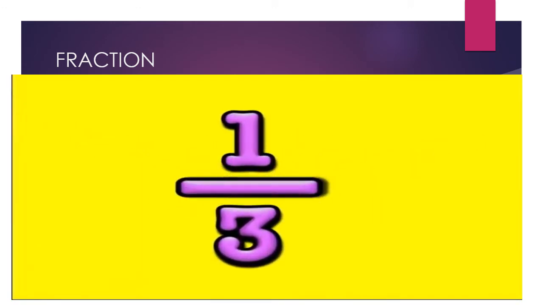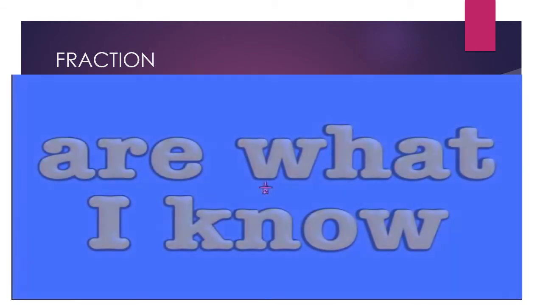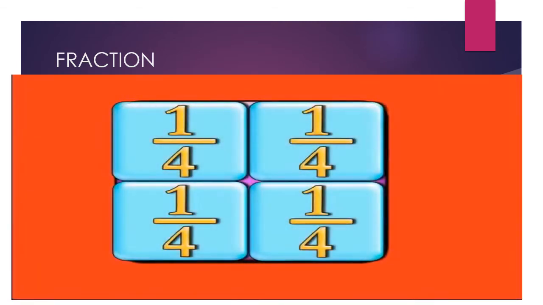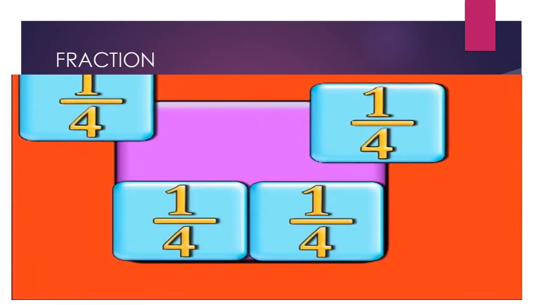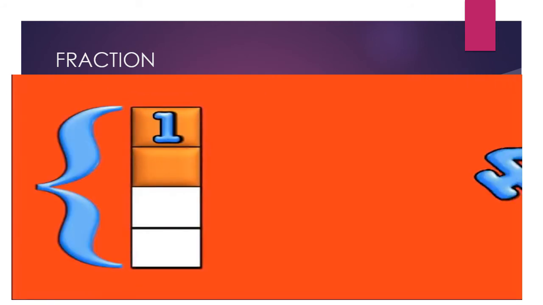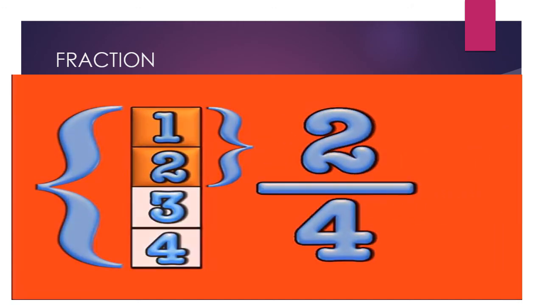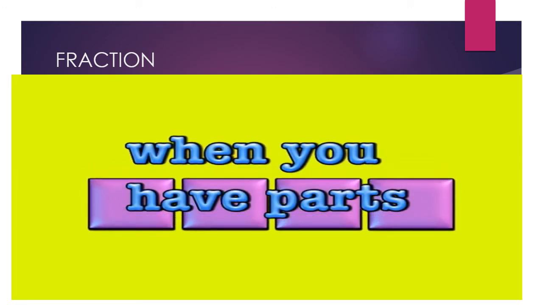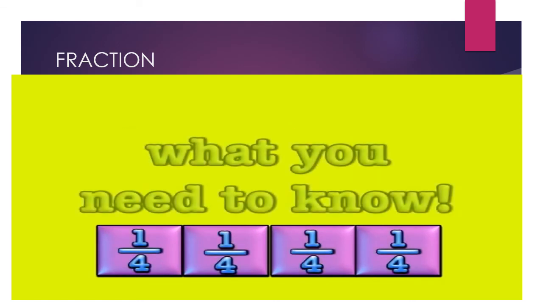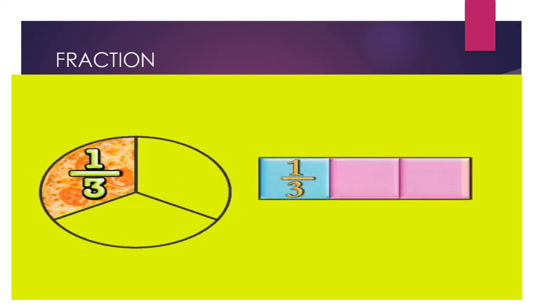Fractions, fractions, they're parts of a whole. Fractions, fractions, they're what I know. They're equal pieces, they're parts of a square. Tells how many parts there are. Tells how many parts you got. 1/3 of a pie, 1/3 of a bar.